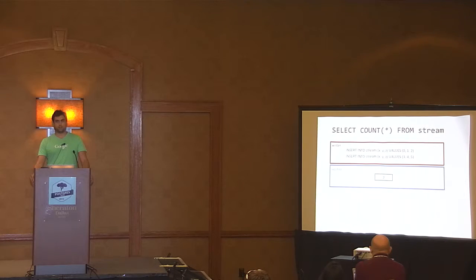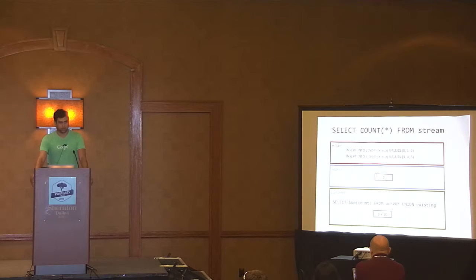This process is reading from a stream as fast as possible, and it's repeatedly executing this continuous query plan on what we call micro batches of data. So here, if the query is count star from stream, obviously the worker generates a 2 when it sees 2 rows. And the final process is what we call the combiner process.